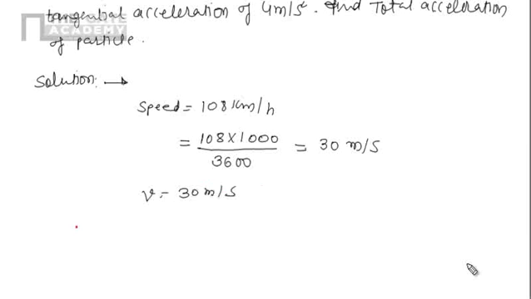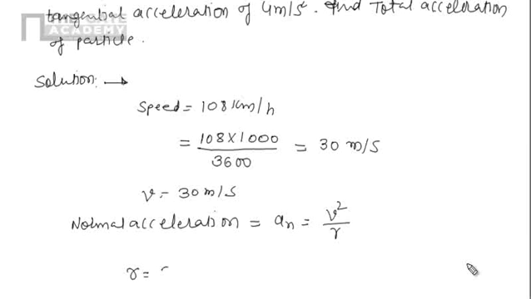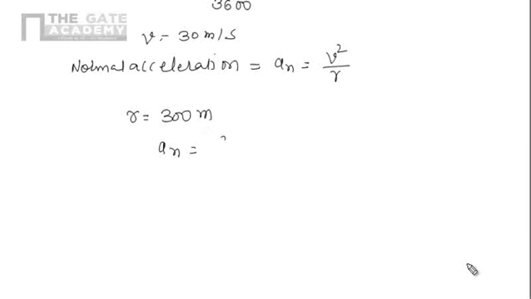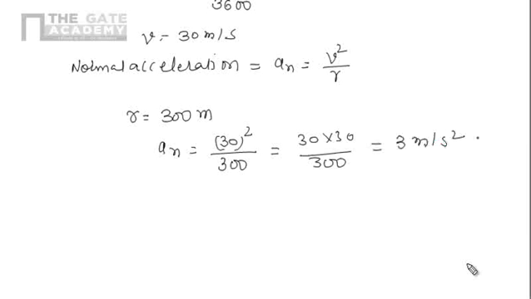We know the normal acceleration a_n equals v square by r, and here the radius of curvature is given, that is 300 meter. So a_n equals 30 square divided by 300. 30 into 30 divided by 300 gives 3 meter per second square.